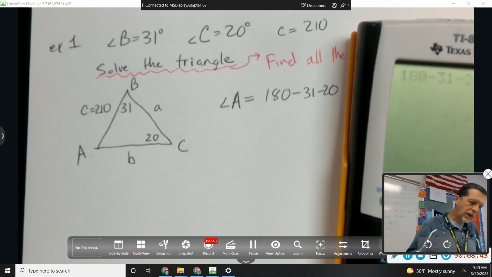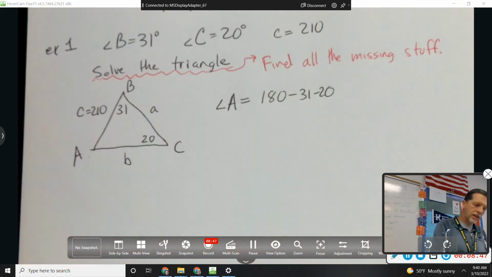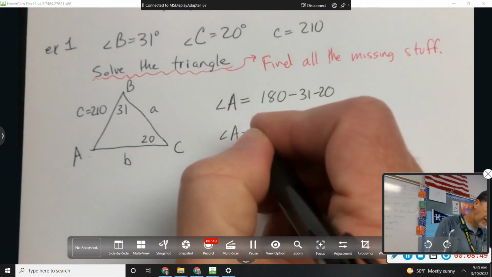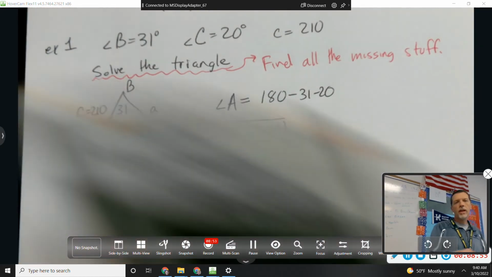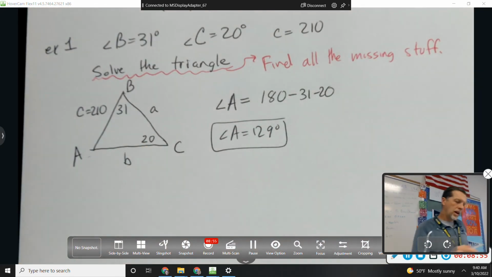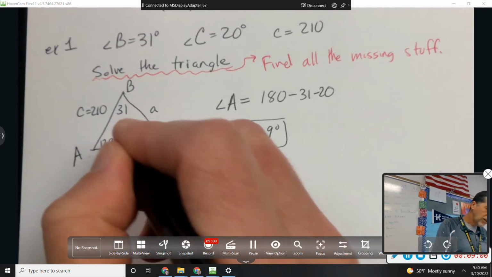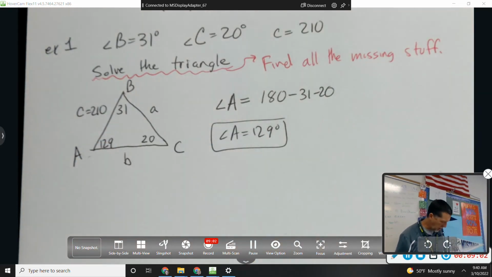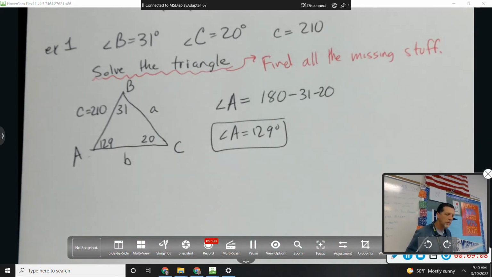So 180 minus the other two is 129. You can put it in the triangle if you would like to. You don't have to. I usually do because it helps me keep track of what I know and what I don't know. That way I'll know when I finish the problem, when I have everything.